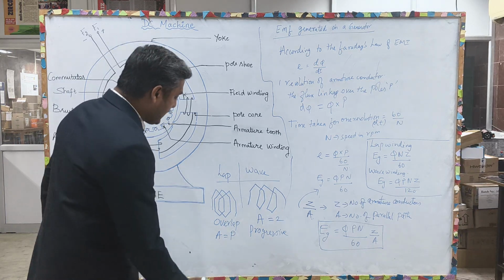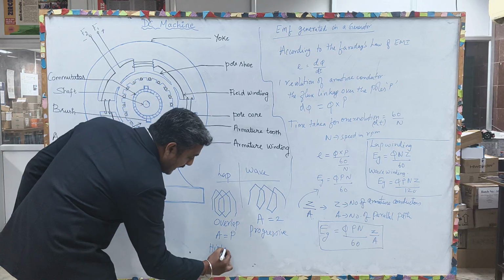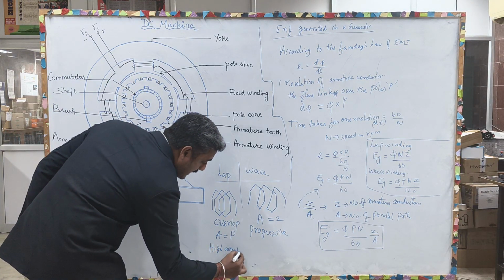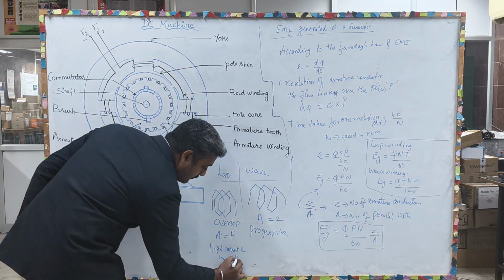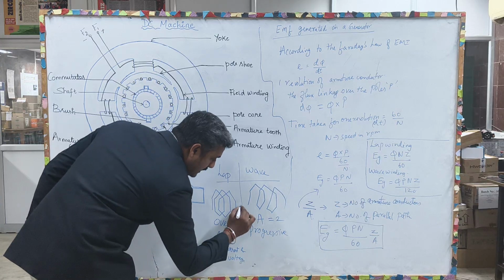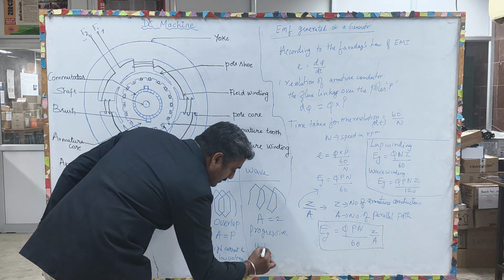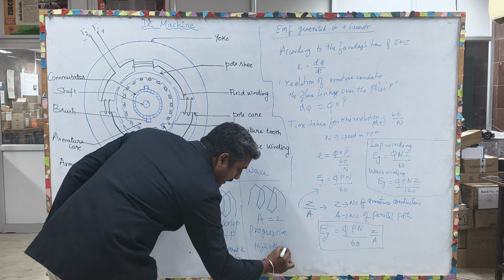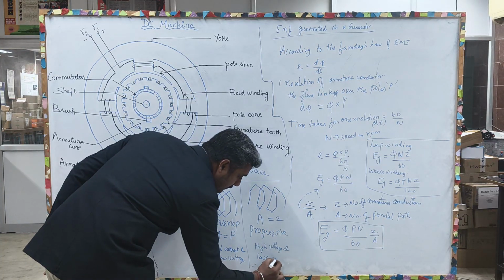Lap winding can withstand high current and low voltage, but wave winding is for high voltage and low current.